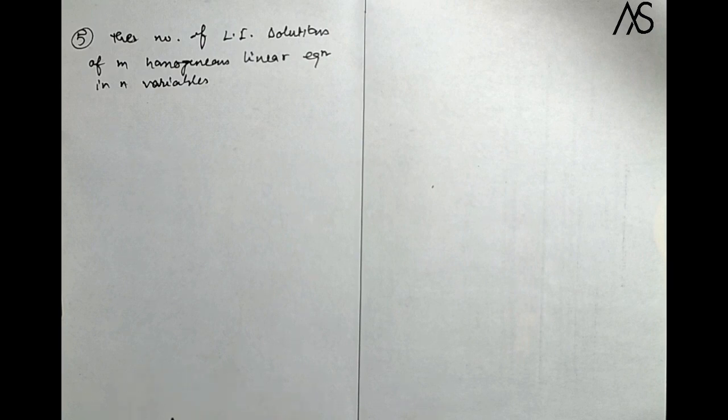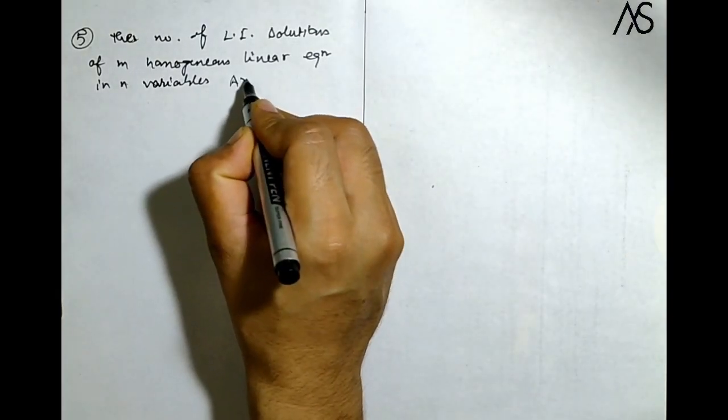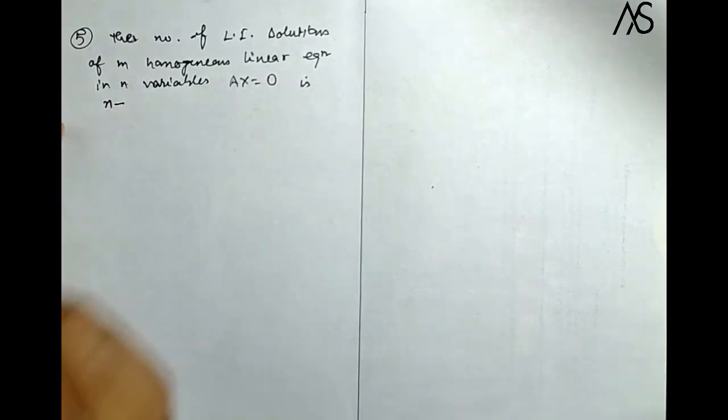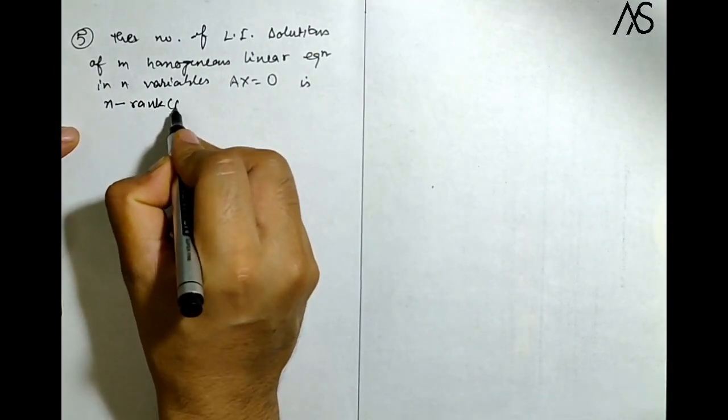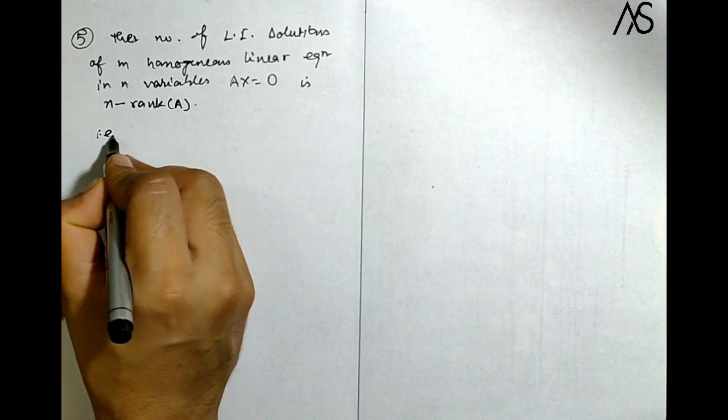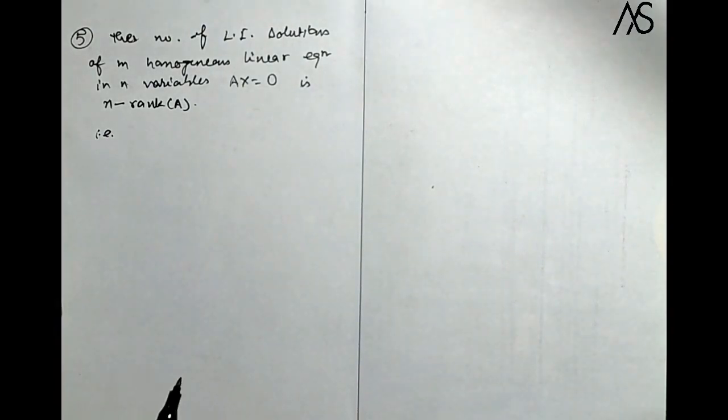It means the homogeneous system of m linear equations in n variables. Suppose this is Ax equals to 0. This is n minus rank of coefficient matrix. ध्यान से देखना, it means the number of LI solutions we are writing.